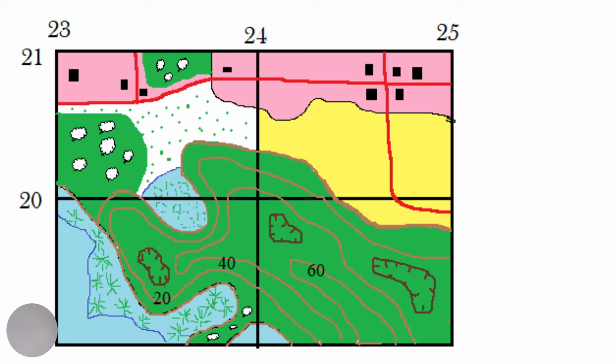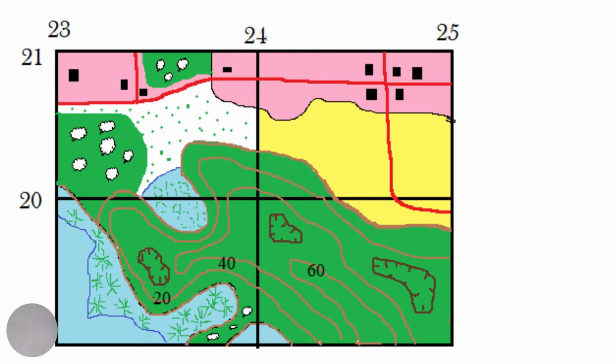There is also another pocket or cluster of trees and shrubs in 2319, as we can see there. Then if you look carefully, there is also a little pocket of swamp.